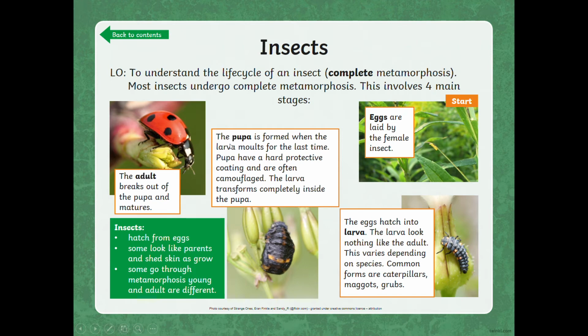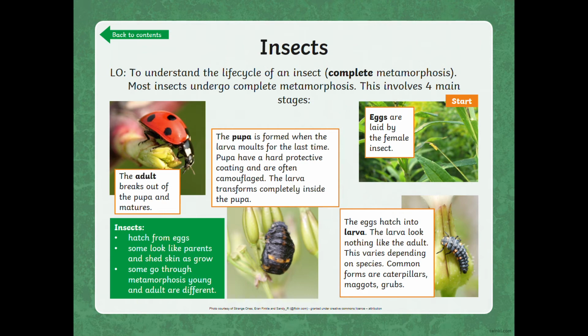Then we have the pupa, and the pupa is formed when the larva molts for the last time. Pupa have a hard protective coating and are often camouflaged. The larva transforms completely inside the pupa. So when we think about the butterfly changing from the caterpillar, which is the larva, into the butterfly, the caterpillar goes inside what we call a chrysalis.